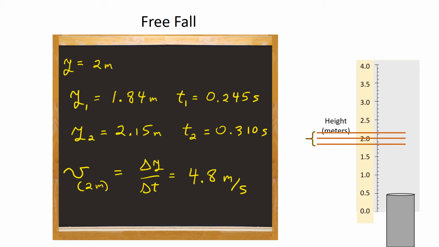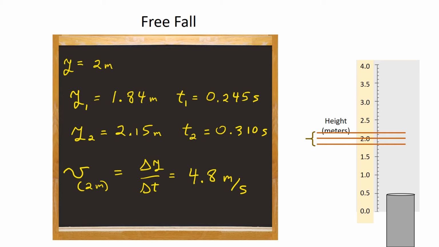So, for example, if the object was on the way up and it crossed the y equals 2 meter mark, which is the middle mark of the 3 marks I show, and I want to calculate the velocity when y is 2 meters, I would notice the height about 1.5 or more tick marks below. You just want to be close, but not too far away, but it'll be hard to do this.